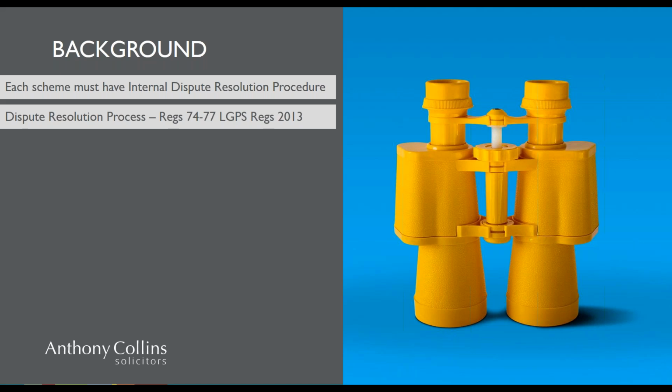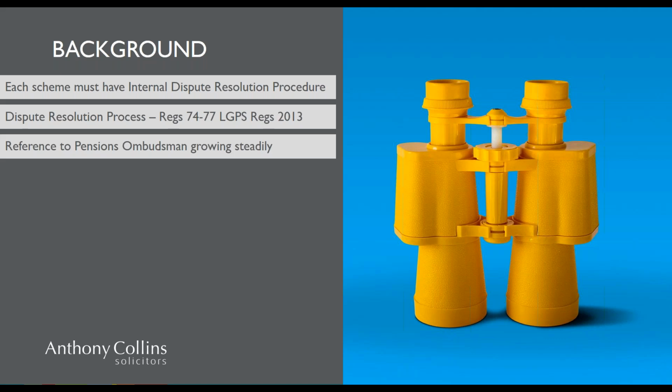So why does this matter? Why should you be bothered about the internal dispute resolution procedure? Well, as part of the regulations, obviously it's a part of the law, so something you need to comply with. But more than that, there's been a steady increase in the number of references being made to the Pensions Ombudsman.